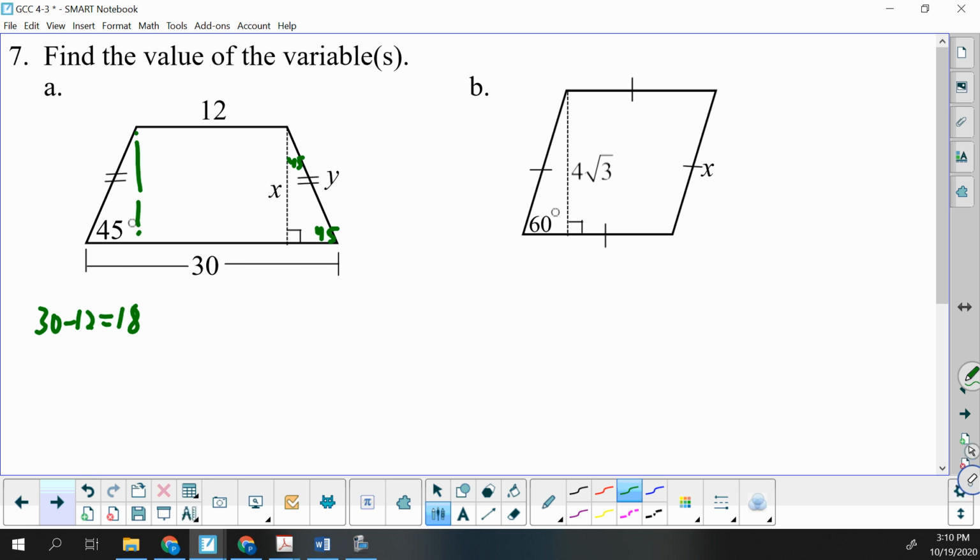That 18 must be split up evenly between both these sides. So each of those must be 9. Well, that's across from a 45, so that's D. This should be D, and this should be D square root of 2. So x is just going to be 9, and y is going to be 9 square root of 2.